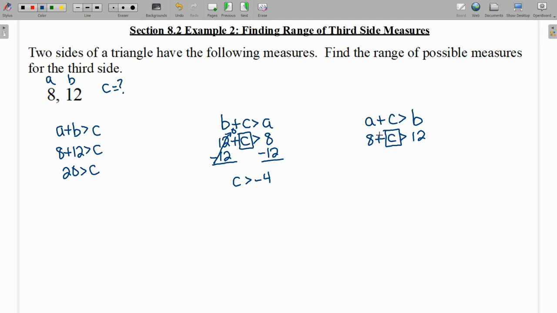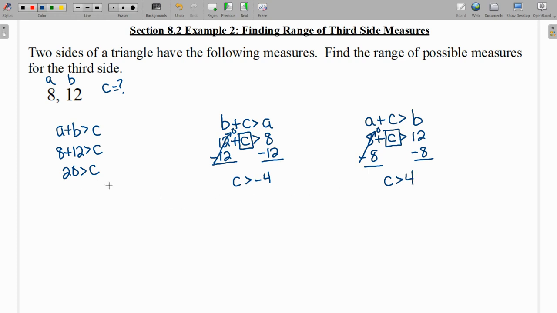This positive 8, I need to get rid of it, so I subtract 8 on the left-hand side, which means I must subtract 8 on the right-hand side as well. The 8s cancel each other out, leaving me with C being greater than 12 minus 8, which is 4.